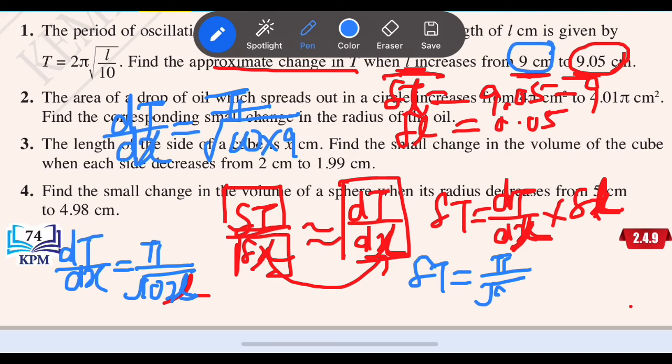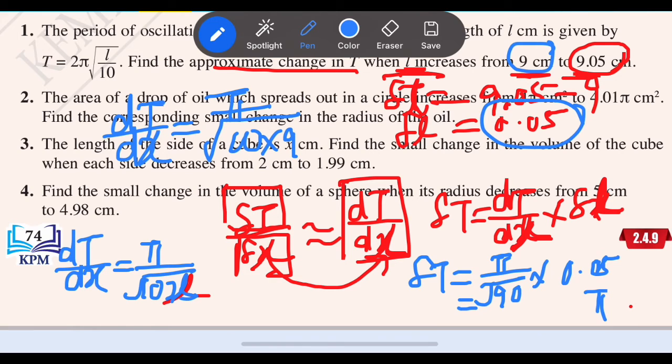So I am going to multiply with delta L. I will take pi over square root of 10 times 9 times 0.05. The answer can be in terms of pi. If you want, you can multiply by the value of pi.